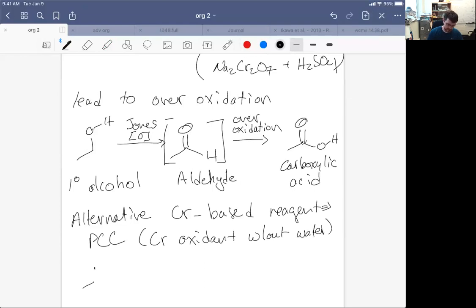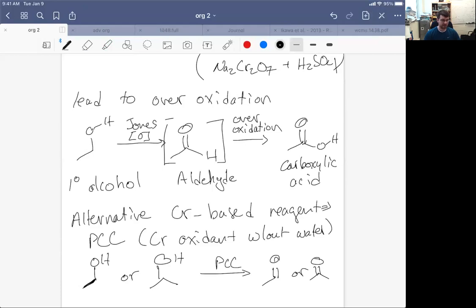Right, so if you have PCC and you have a primary alcohol or a secondary alcohol, you could do the oxidation reaction on either of these to get the aldehyde or the ketone. So both of those are viable products. You won't see overoxidation if you start with a primary alcohol, which is helpful.